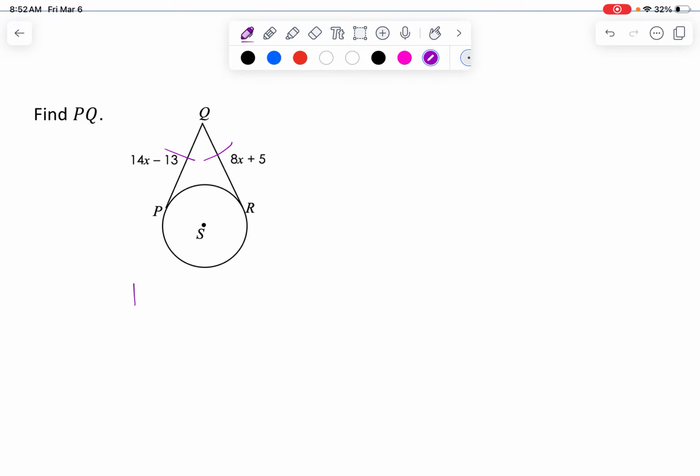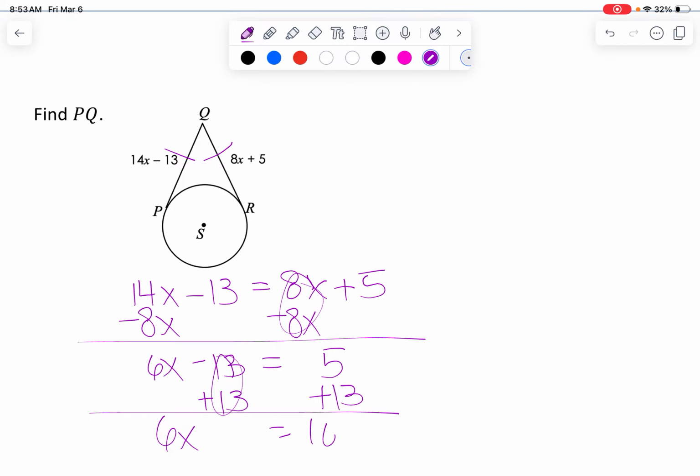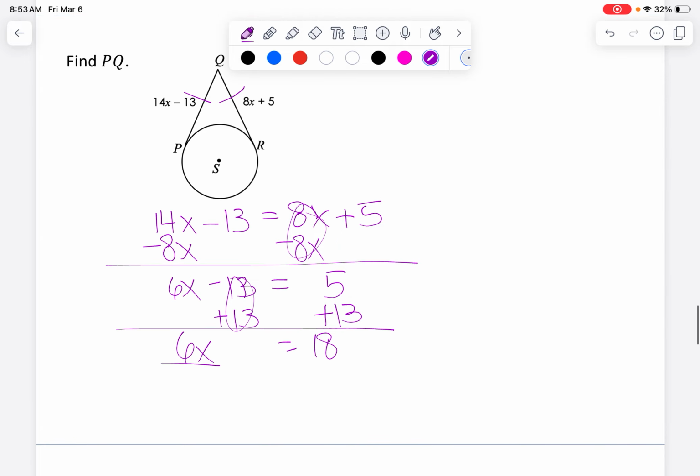So we would set this up by saying, all right, well, that means 14x minus 13 has to be equal to 8x plus 5. All right, and back to the algebra. Okay, and then I'm going to add 13, and then divide by 6, so that's going to give us x equals 3.